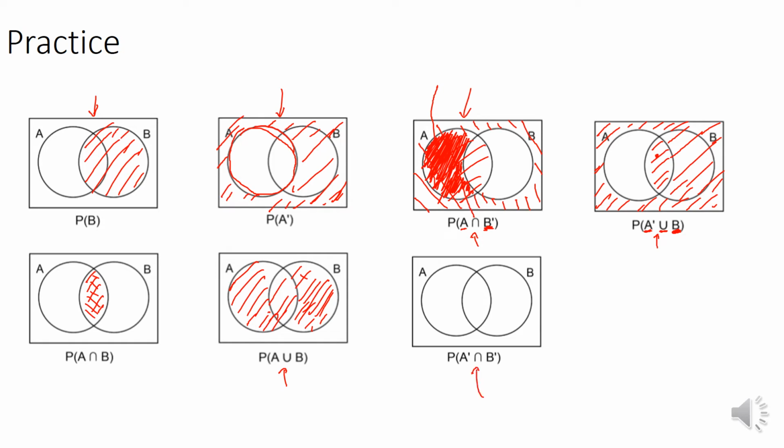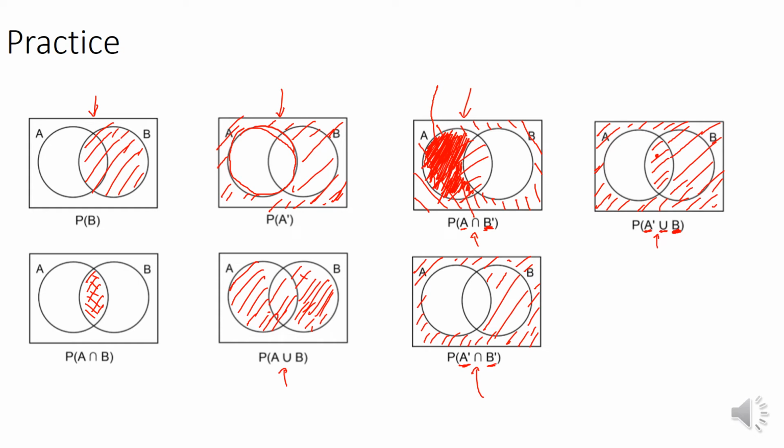And the last one, probability of not A intersection not B. So we've got not A is all of this. We've also got this. So we've got not A. So let's do not B, but let's shade in the other direction.